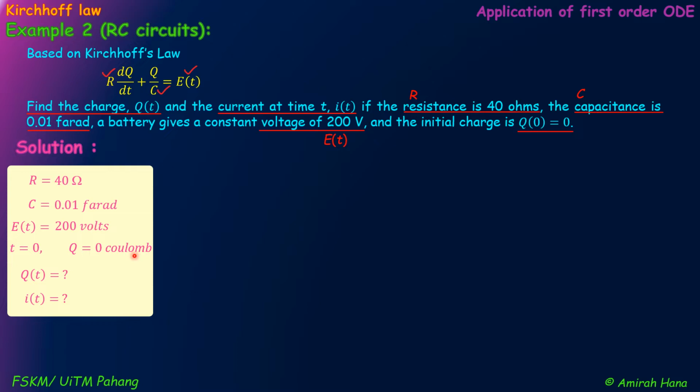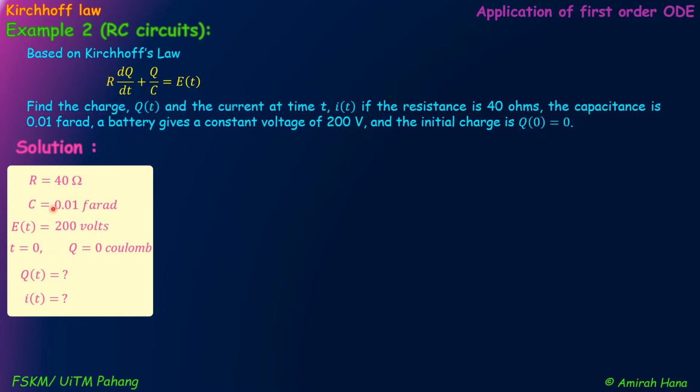Coulomb here means the unit for charge. This is the initial condition to find the value of C after we integrate. Because when we integrate using an indefinite integral, we must put plus C at the back, and to find the value of C, we use this initial condition.